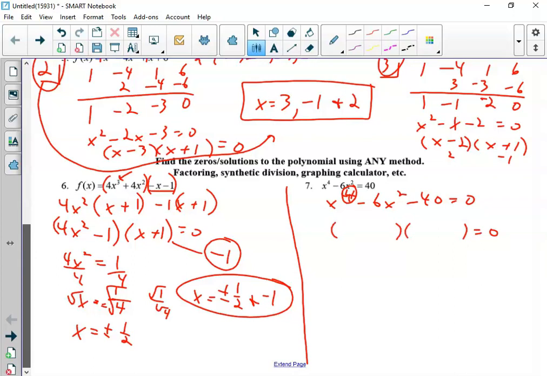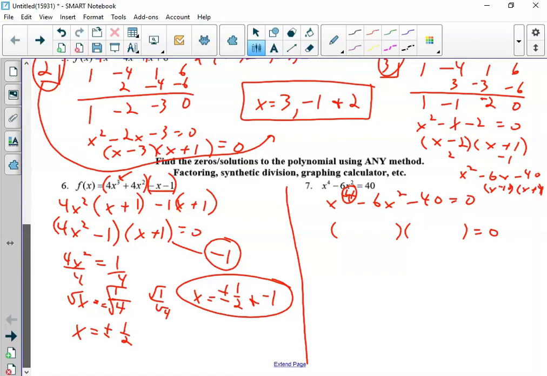Okay? Now, let's step back and think if this was x squared minus 6x minus 40. I would just factor it, x minus 10 and x plus 4. Hard to read, but you see what I'm doing.